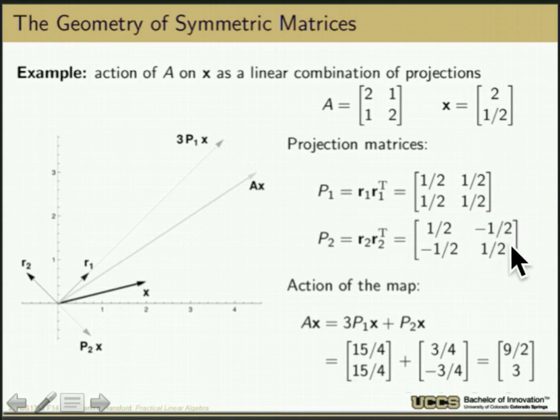R2 R2 transpose is 1/2, minus 1/2, minus 1/2, 1/2. It gives us these two directions, R1 and R2, our projection. Okay, so the action of the map is then going to be 3 times this projection matrix P1 on x plus P2, because there's just 1, on x.